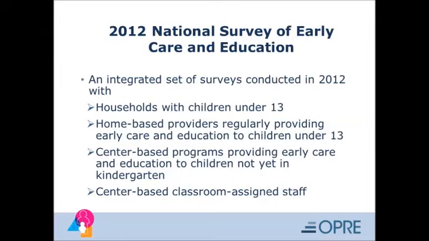It's important to think about, for today's topic, that the sample sizes of these different surveys varied quite a lot. So there are 11,600 households and 5,600 center-based classroom-assigned staff. So the sample sizes varied quite a bit, and other disclosure risks also vary across these surveys.